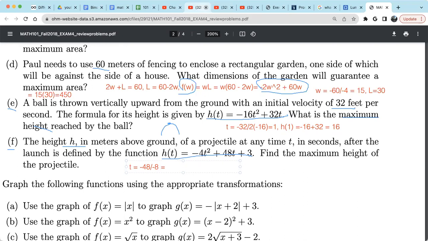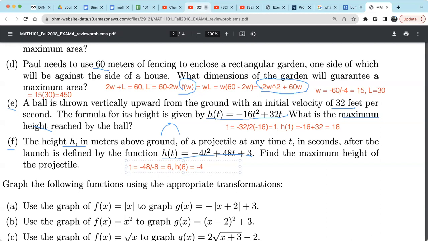Negative divided by negative becomes positive. 48 divided by 8 is 6. So in 6 seconds, the ball will reach its highest point. But the question is asking to find the maximum height of the projectile. So what is the maximum height? Which is h of 6. So we just plug into the function.